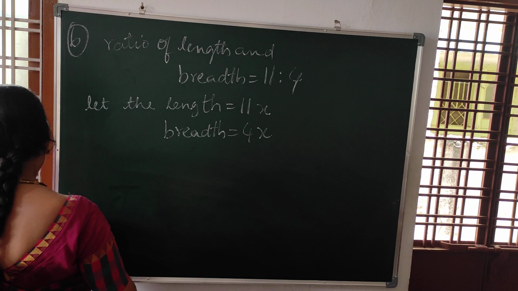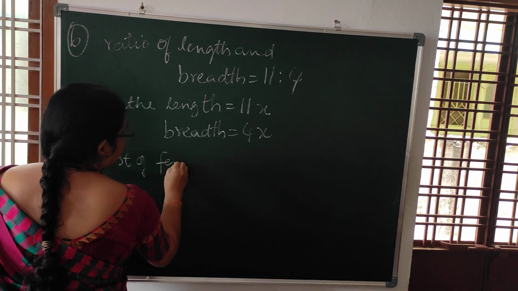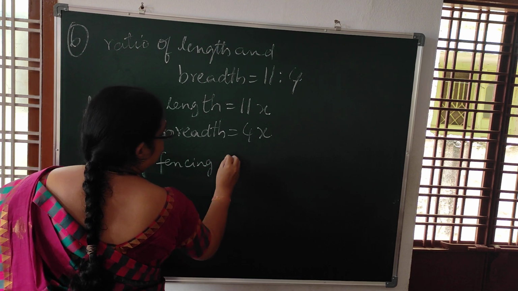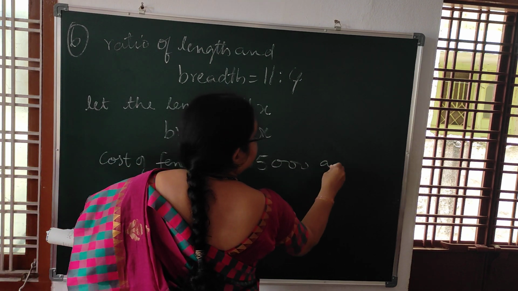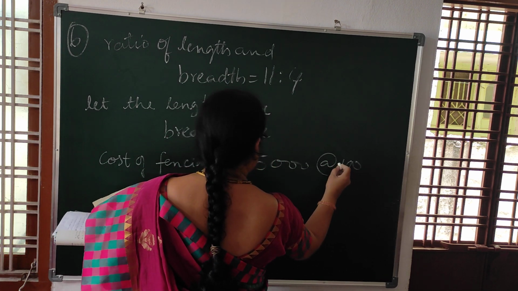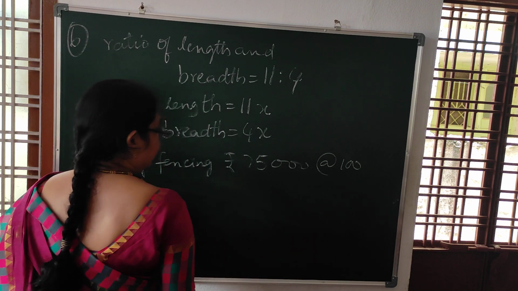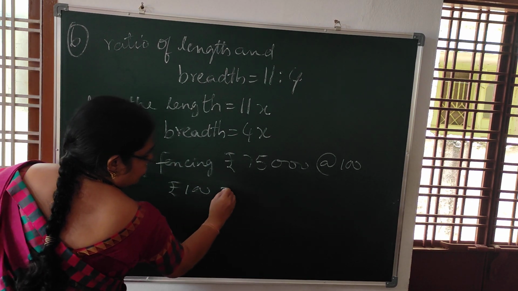So the perimeter you need to find. The cost of fencing is given: 75,000 rupees at the rate of 100 rupees per meter. That means for 100 rupees they fenced 1 meter.